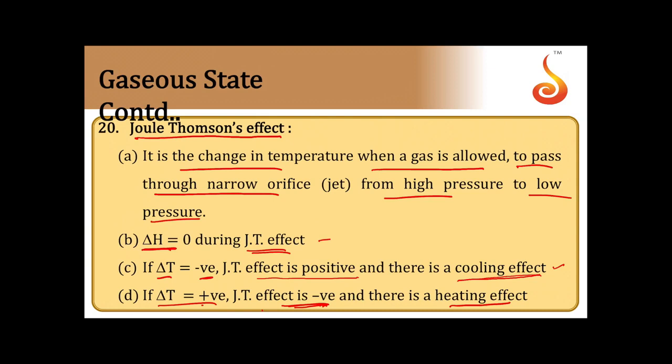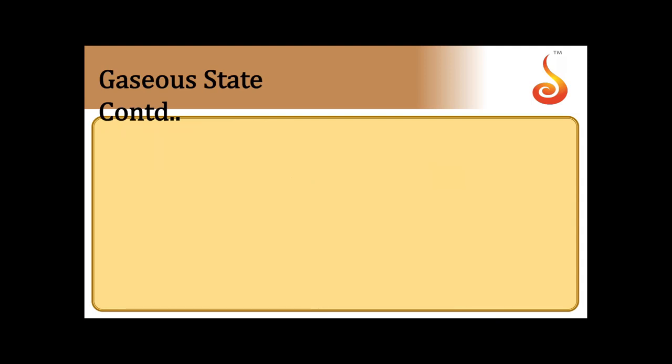So heating effect is considered to be negative Joule-Thomson effect, delta T is positive, and cooling effect is said to be positive Joule-Thomson effect, and delta T is a negative value. Under isothermal conditions, because we are keeping temperature constant, we cannot see either increase or decrease of temperature. And this is regarding Joule-Thomson effect.